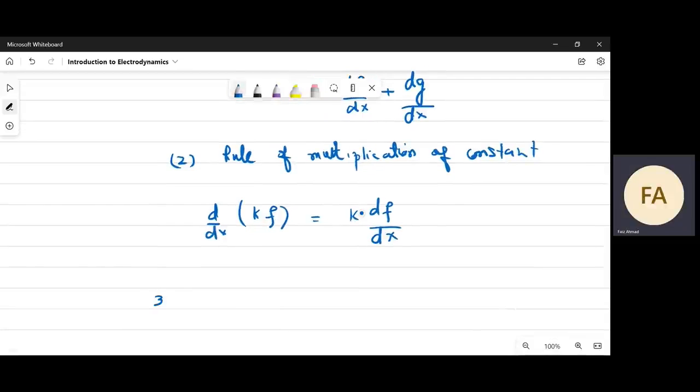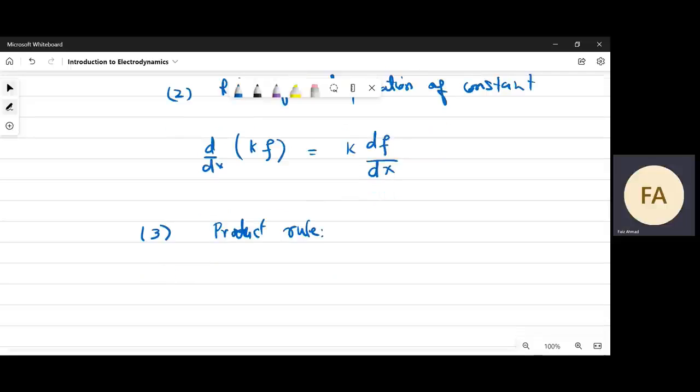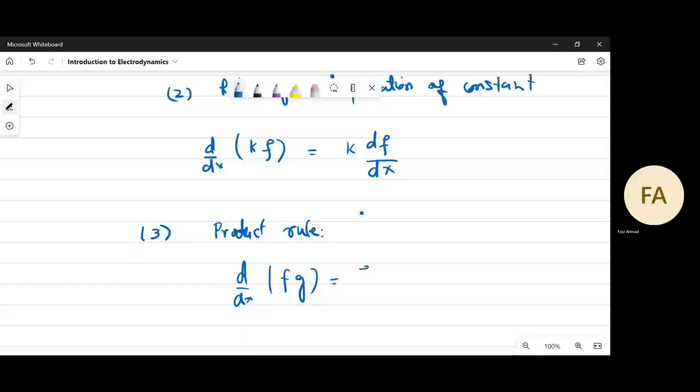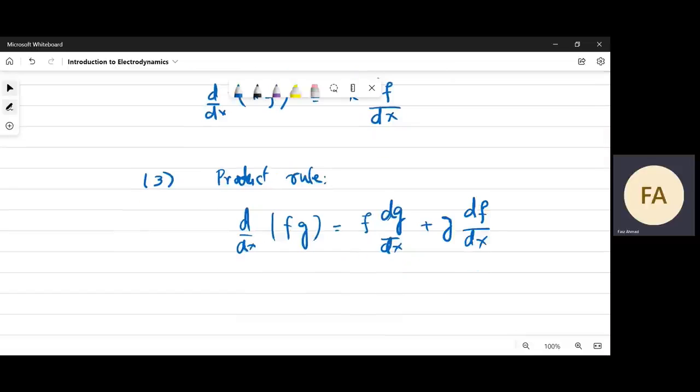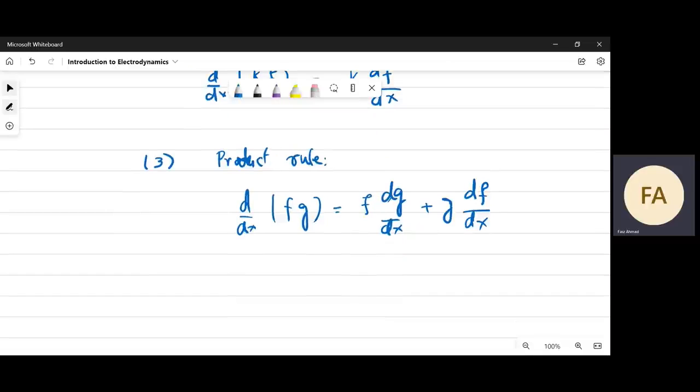And we have the product rule. If we have the product of two functions, say f and g again, then d over dx of fg is equal to f dg over dx plus g df over dx. And the last one is the quotient rule.